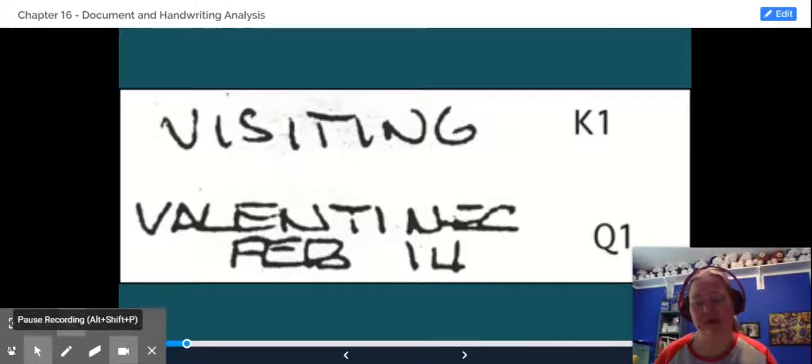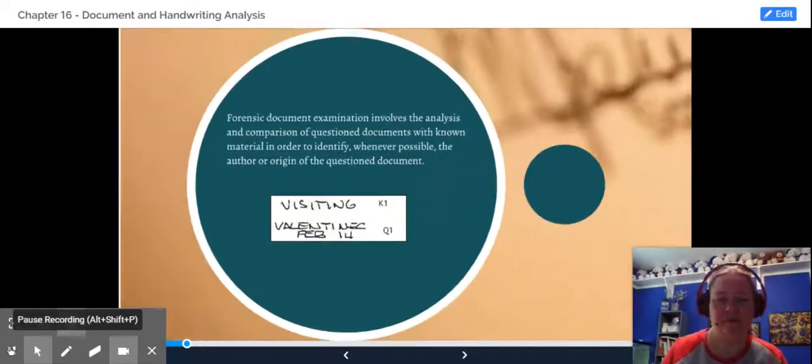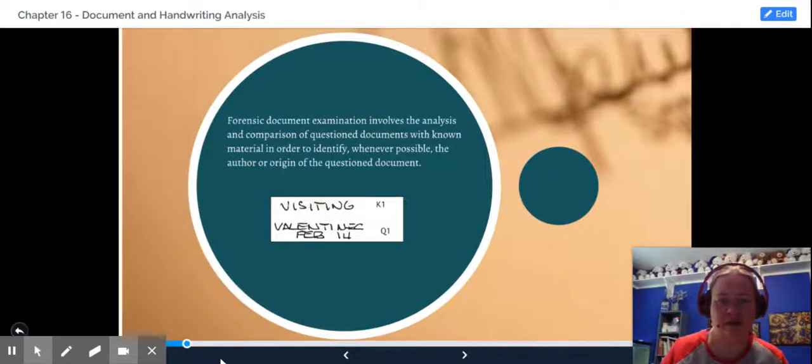Okay, so K1 and Q1 are from the same person, but they were trying to determine whether or not it was put there by writing, or if it was mechanically put there, as in it was copied or photocopied or something like that.